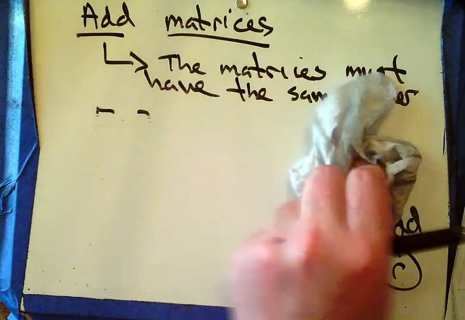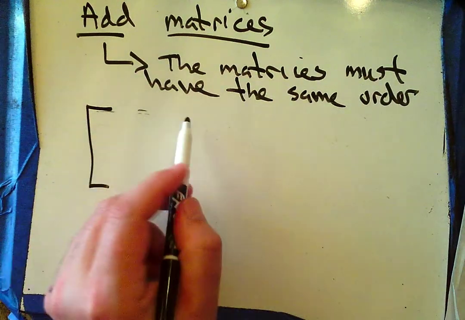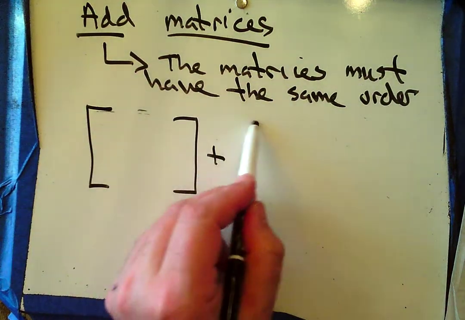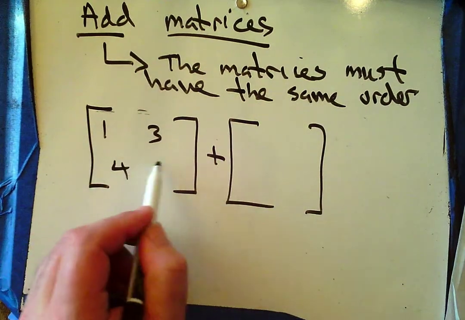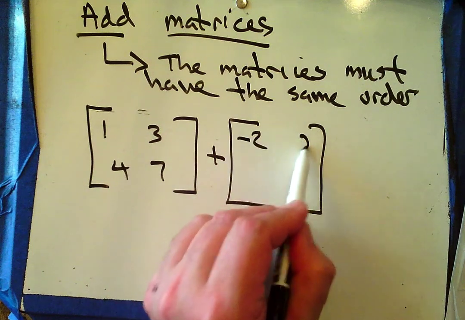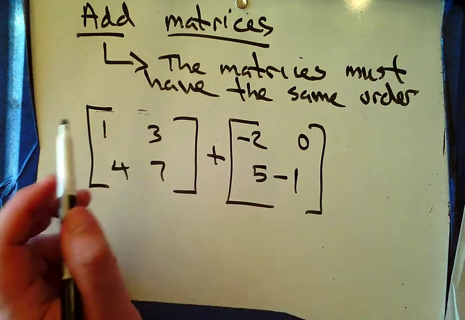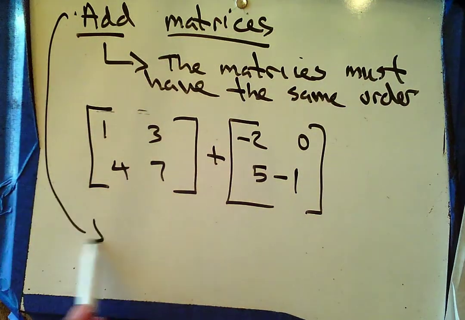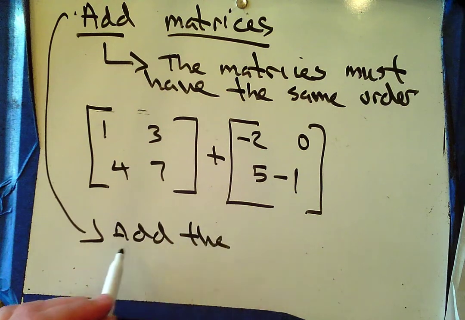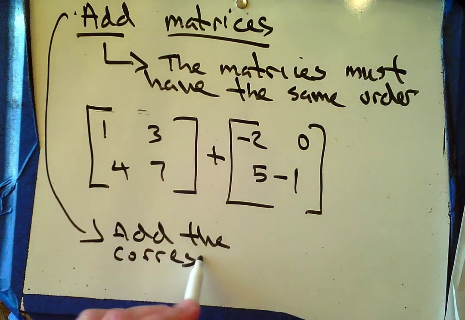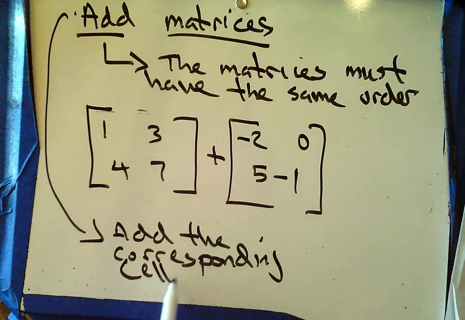Okay, so if they do have the same order, how do I carry out addition? Well, it's pretty easy and straightforward. 1, 3, 4, 7, and -2, 0, 5, -1. In order to add matrices, all we have to do is add the corresponding cells.